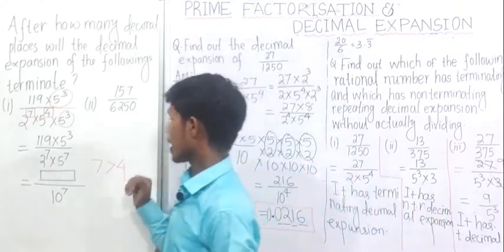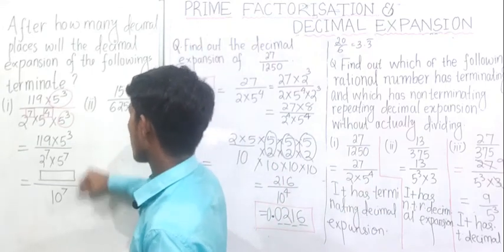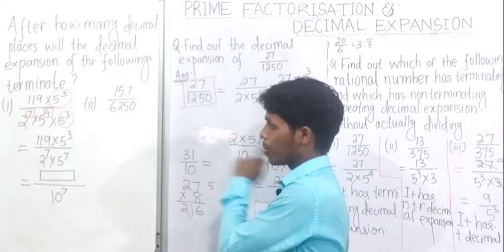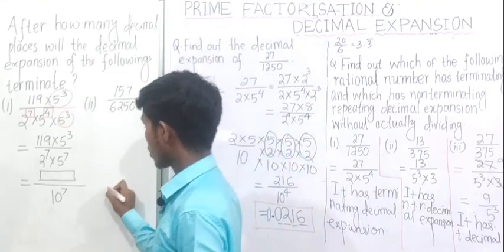So let's solve the second one. In the second one it's not factorized, so you have to do the first step as you did in the previous two questions, that is, you have to factorize.